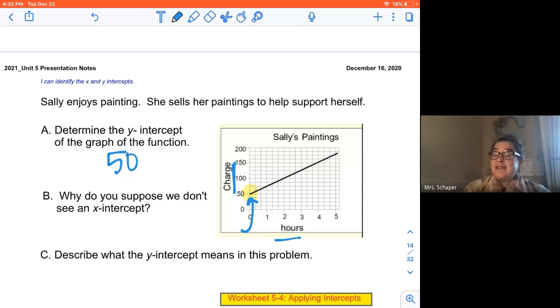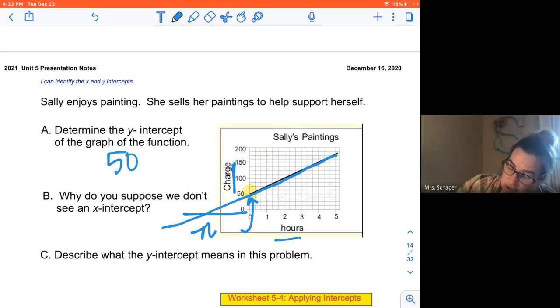So I would say the reason we don't have an x-intercept is because if I extend this line to where it's going to meet the x-axis, we're talking negative hours. And Sally certainly can't work negative hours. So we don't have an x-intercept because it doesn't make sense for the problem.